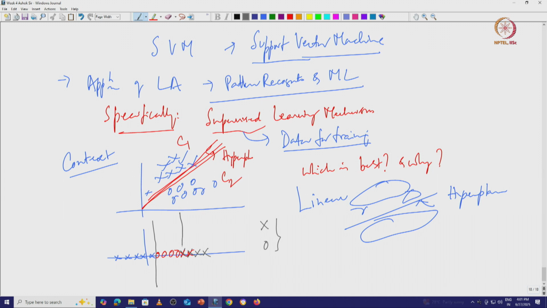You can do a second separation like this, but these x's remain. Therefore, there is no single linearly separable plane, which you call a classifier, that separates all zeros from x's. Very simple problem. So how do we go about doing this? Because we have to do it in very large dimension and we have to do it very frequently.